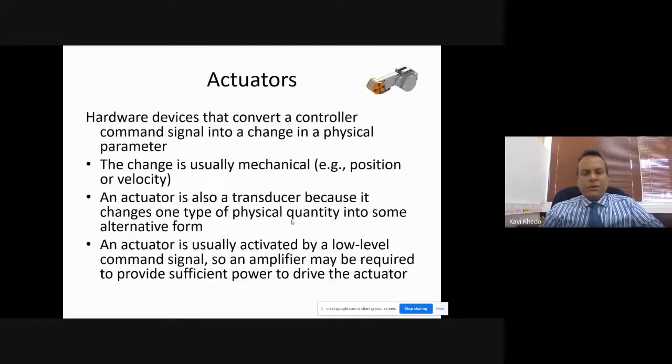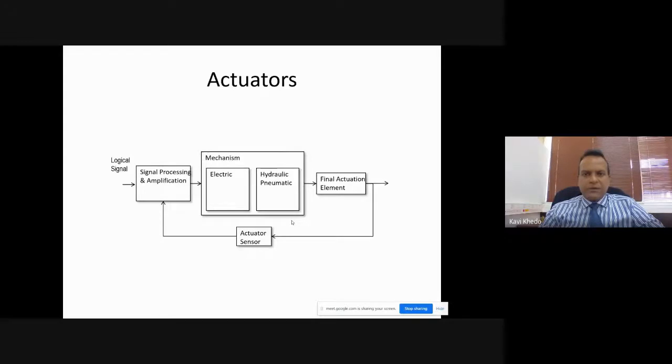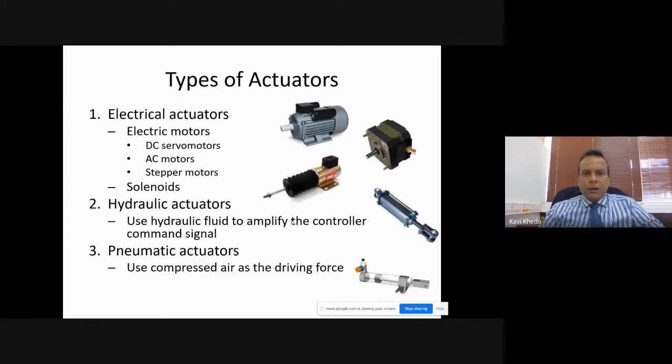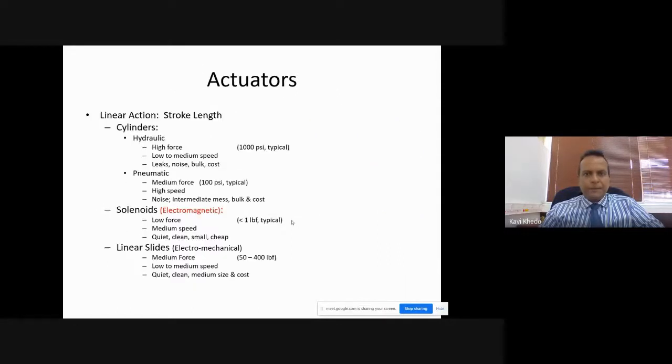Our next part of the discussion was on actuators. These perform some mechanical action on the physical environment. We have seen different types of actuators, classifying them in terms of linear, rotary, or one-axis, two-axis. Classifying in terms of electrical actuators, hydraulic actuators, pneumatic actuators.